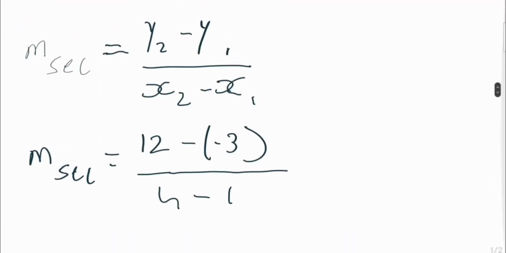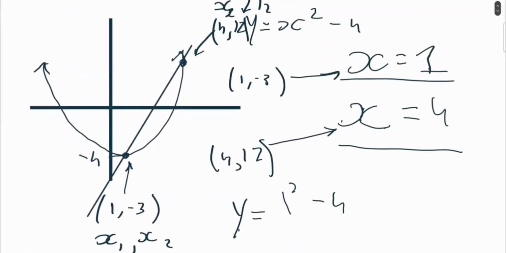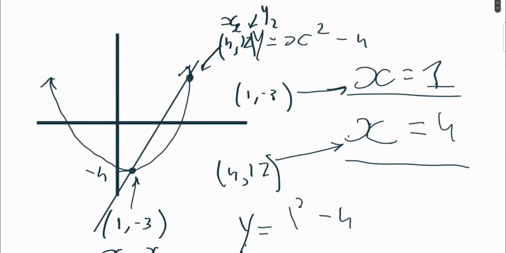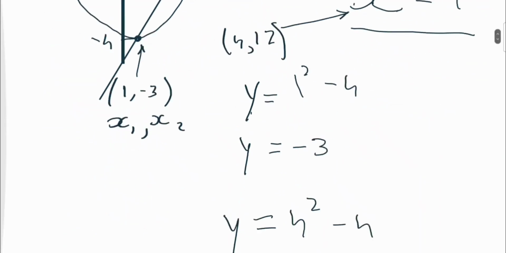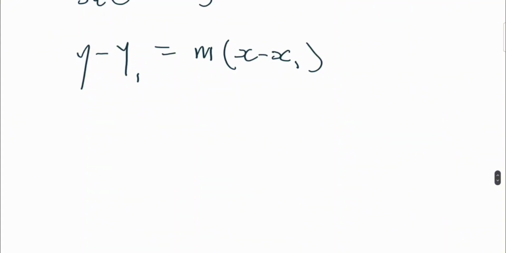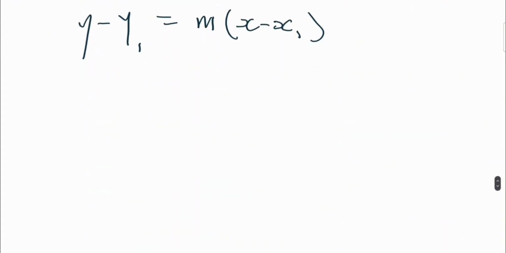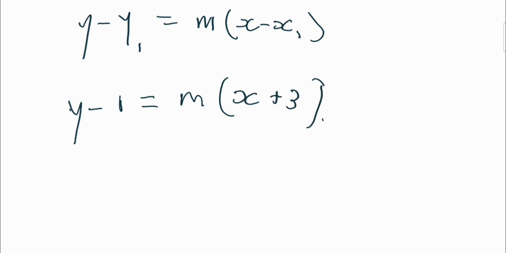So we can use either of these points really. We can use 4, 12 or 1, -3. For this case, I'm going to use 1, -3. y minus 1 equals m times x plus 3. It's plus 3 because it's minusing a negative.